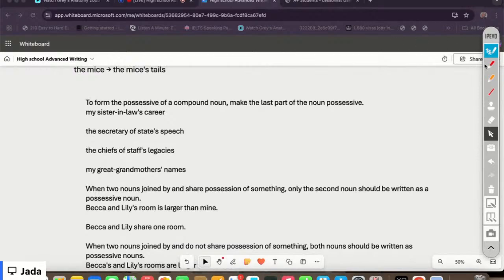All right, so if you want to form the possessive of a compound noun, you make the last part of the noun possessive. So you're making the last part possessive to form a compound noun possessive. Okay, so we have my sister-in-law's career, the Secretary of State's speech.